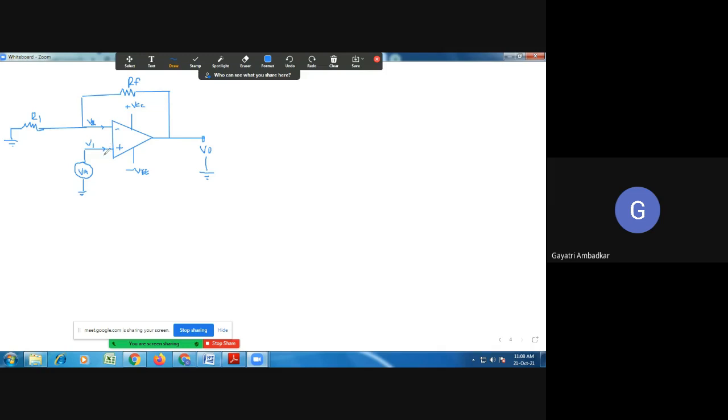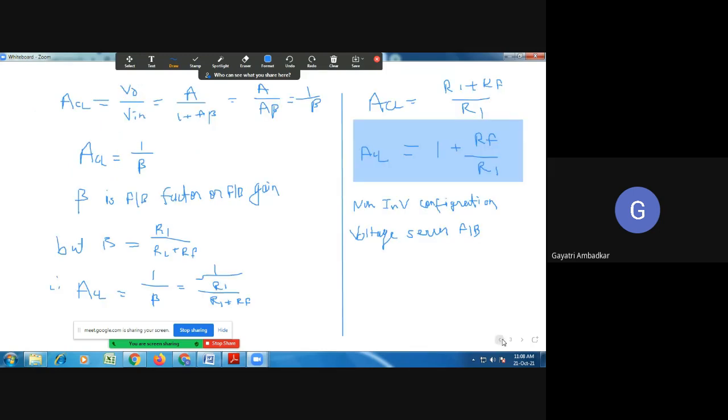But as we have just now seen voltage series feedback, how much gain did we get? How much was the gain of this circuit when we apply input to the positive terminal and we provide voltage series feedback? So how much gain we obtained? Everybody?